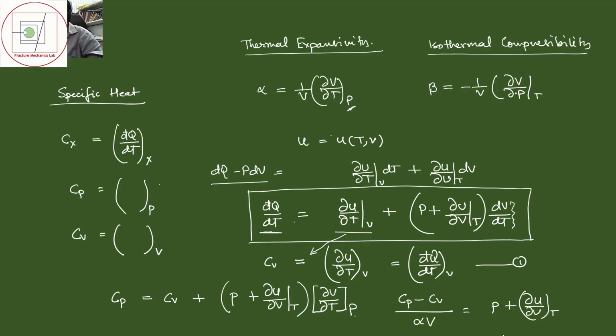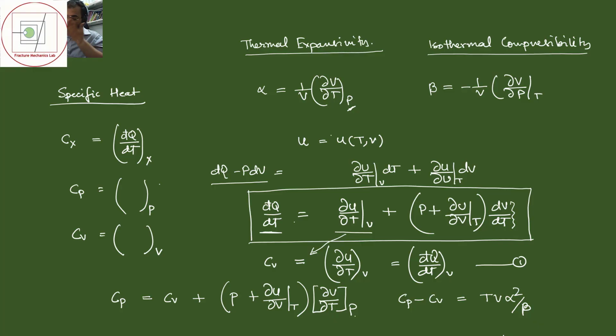So we will put that part later, but right now I can just give you the final expression: Cp minus Cv, after converting, will come to T V alpha square by beta.